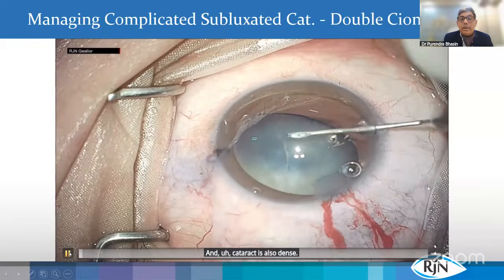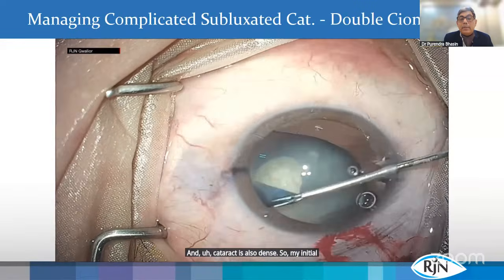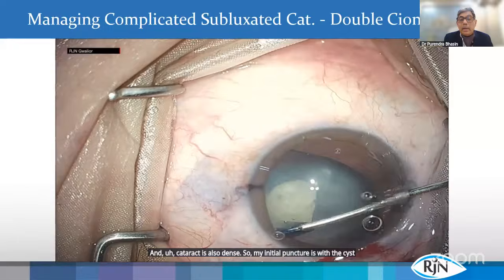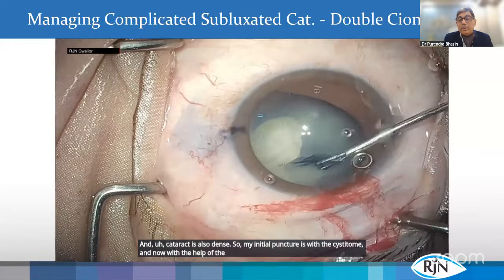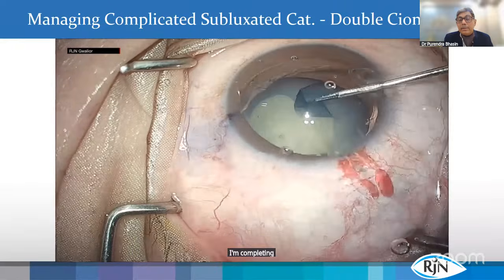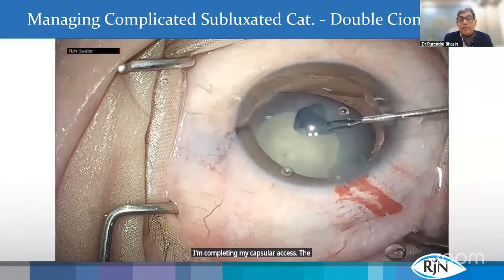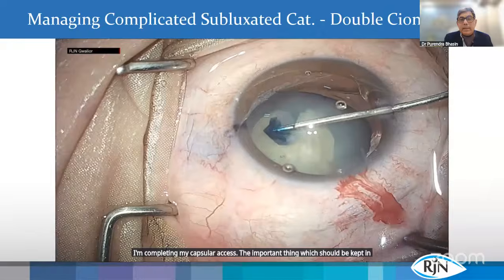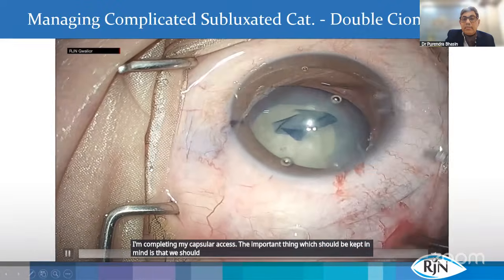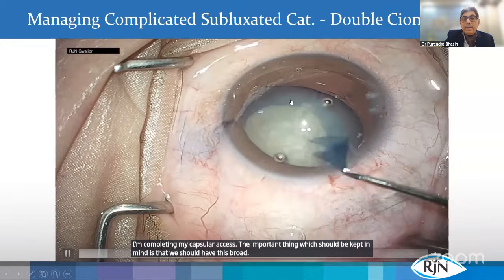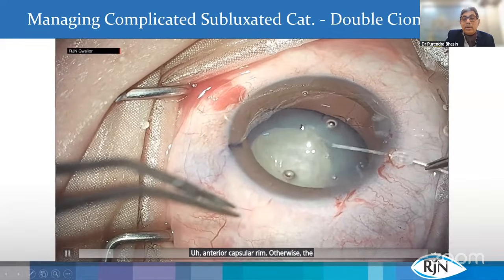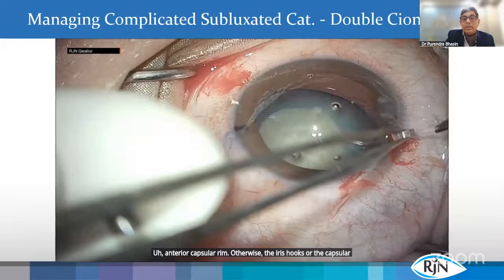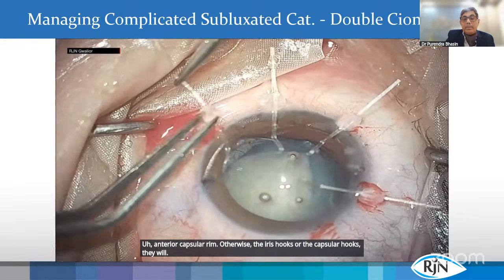My initial puncture is with the cystitome, and now with the help of the micro forceps, I'm completing my capsular axis. The important thing to keep in mind is that we should have a broad anterior capsular rim. Otherwise, the iris hooks or the capsular hooks will come out during the procedure.